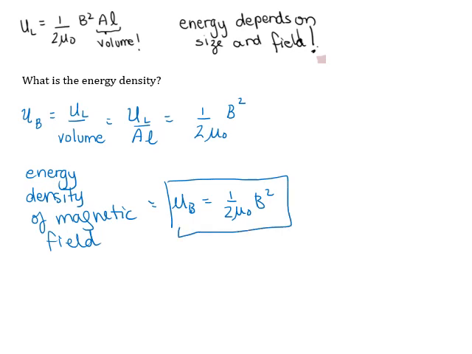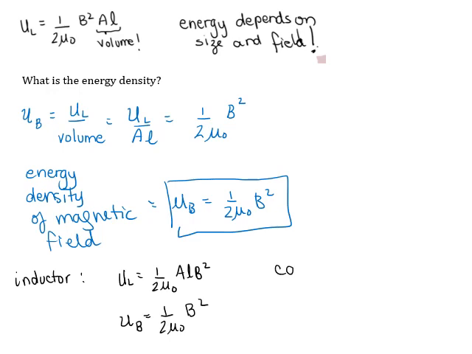So let's just summarize our results here. For an inductor, the potential energy, U_L, was 1 over 2 mu naught times A times L times B squared. And the energy density stored in a magnetic field was 1 over 2 mu naught times B squared.